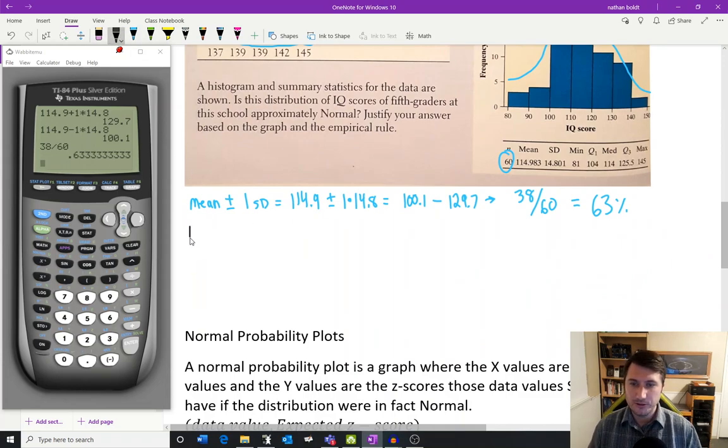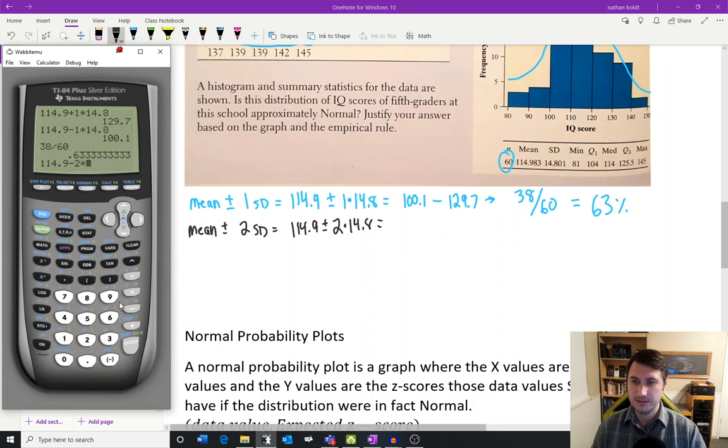All right, so now we're going to do the mean plus or minus 2 standard deviations. So that'll be 114.9 plus or minus 2 standard deviations. So let's type that: 114.9. Let's do minus first this time. 2 standard deviations, 2 times 14.8.